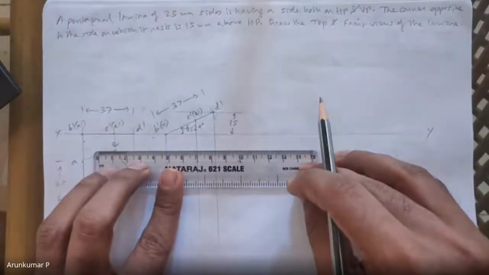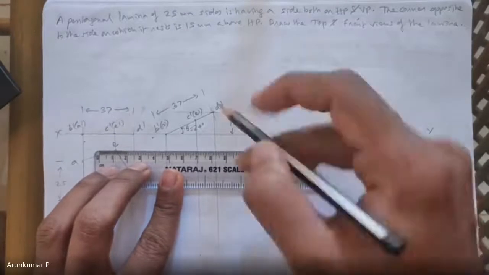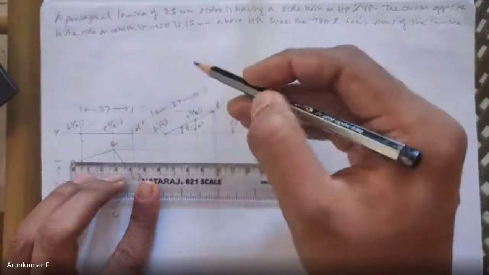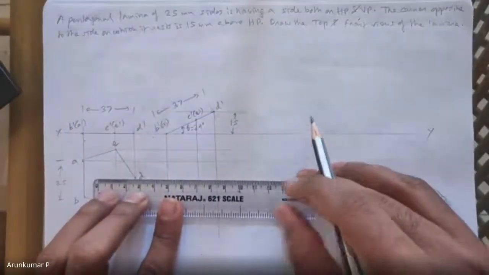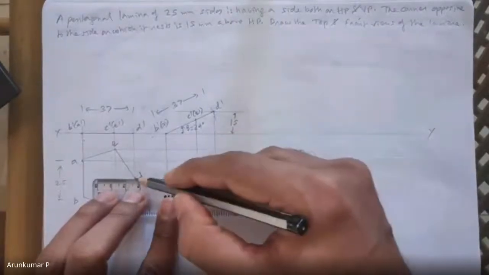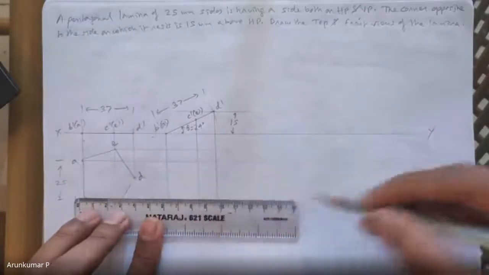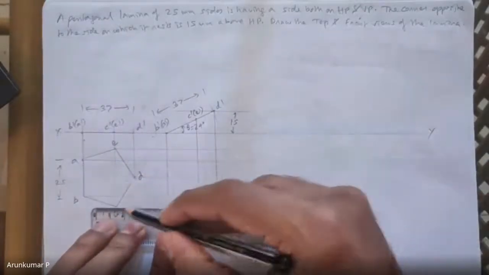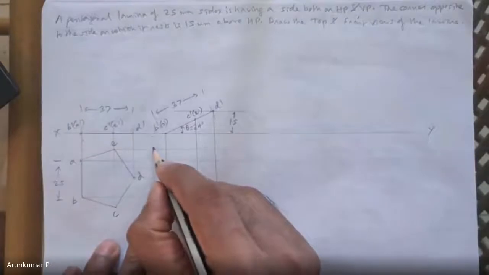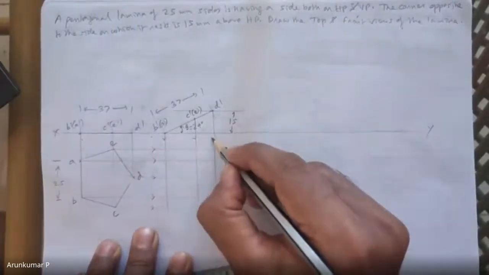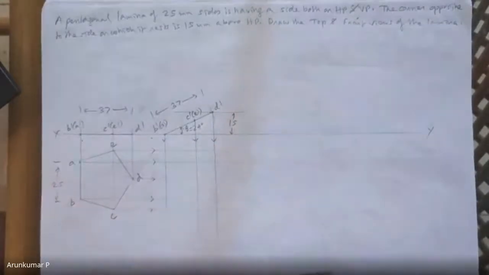Five horizontal projectors. 1, 2, 3. Mark the intersection points.